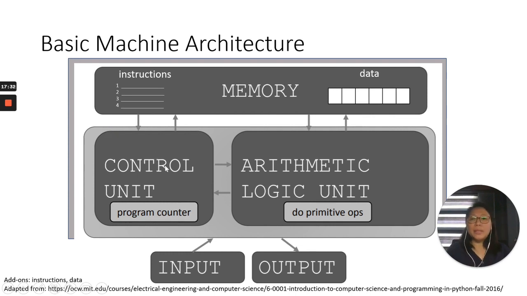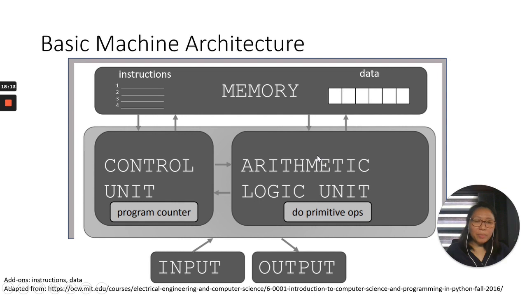So for example, let's say a program starts. The control unit gets the first instruction in the sequence. This first instruction goes to the control unit, and then the control unit interacts with the ALU. The ALU determines what kind of operations are needed for this instruction. At some point, it may get data from the memory.